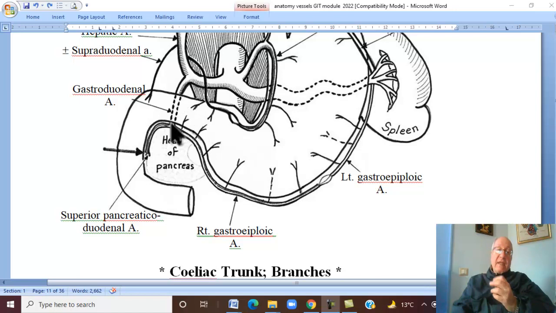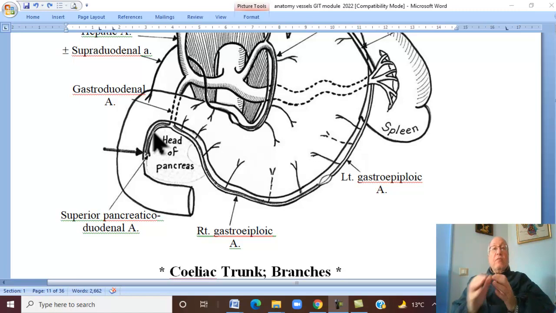The gastroduodenal artery gives gastric branches, which is right gastroepiploic, and gives the duodenal branch, which is called superior pancreaticoduodenal artery. The superior pancreaticoduodenal artery supplies the upper half of the duodenum until the ampulla of Vater and the upper part of the head of pancreas.